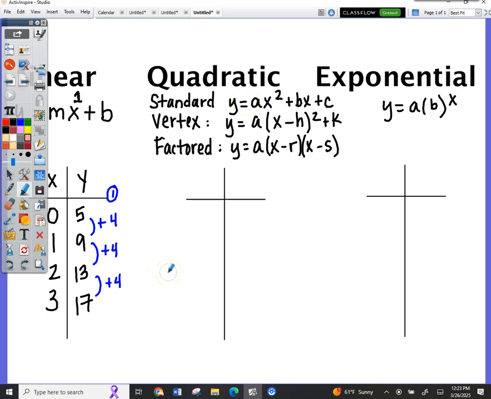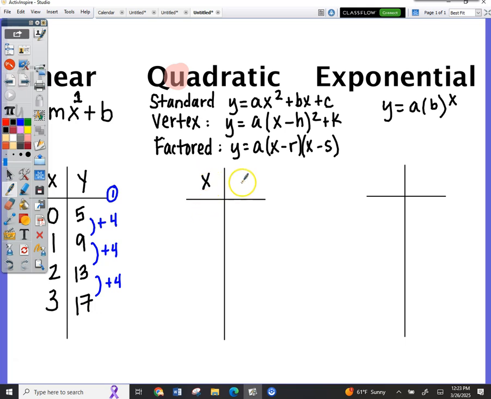The U. Now, I know it does have the little tail over there. Ignore the tail. Because a quadratic is this type of a graph, or this type. Yes? Okay. So there's a mnemonic device to remember that the quadratic is U-shaped.